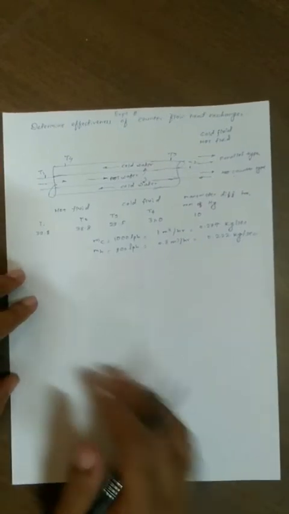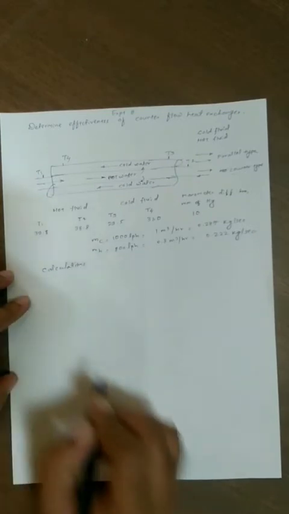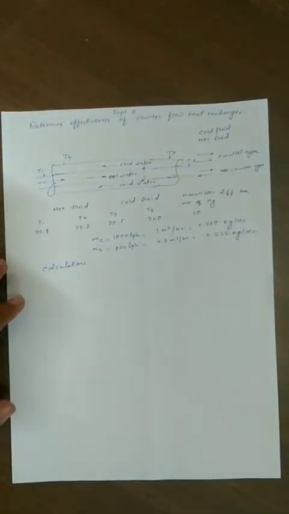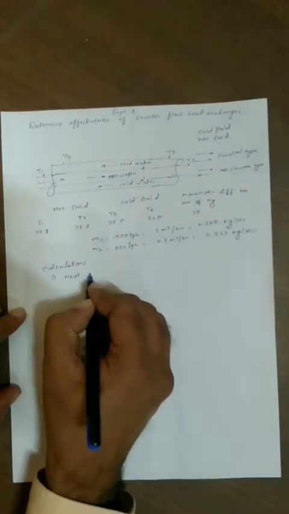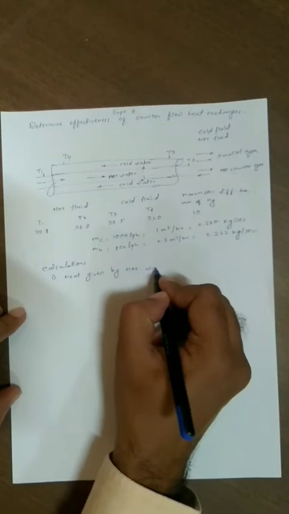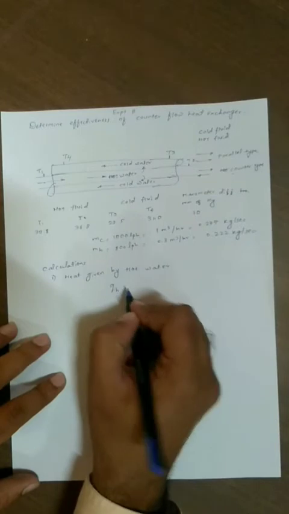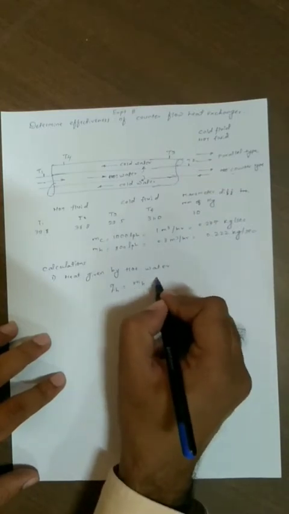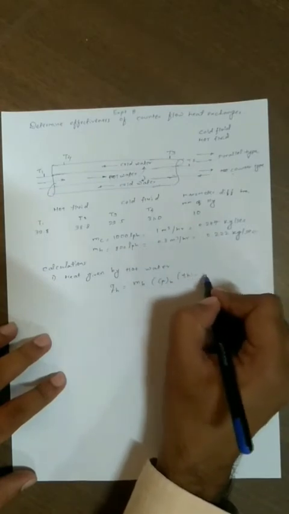Now let us do the calculations. As I have told you, the heat involved in it is the sensible heat. So the heat given by the hot water will be calculated first. I will represent it by QH equal to MH CPH into THI minus THO.